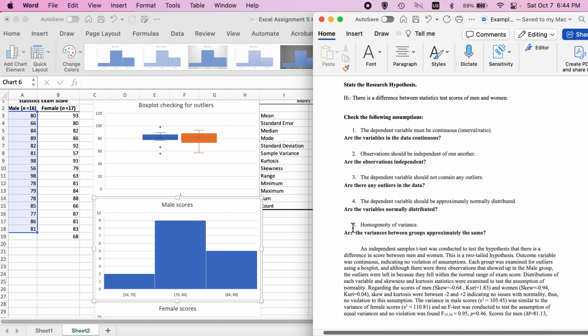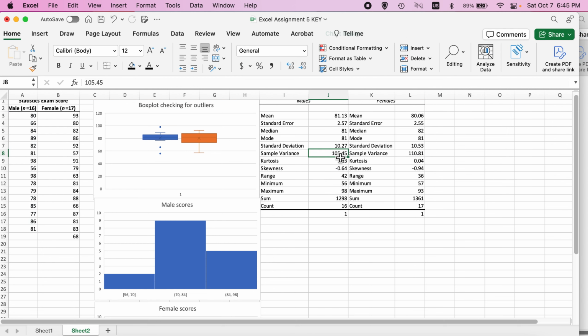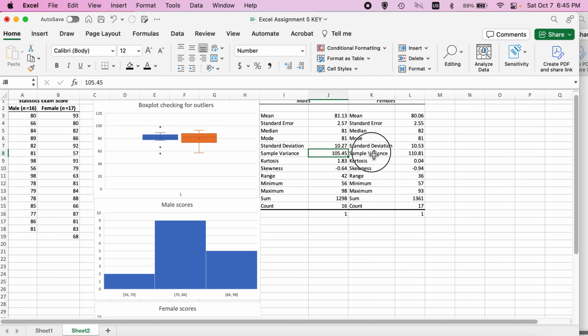Now, as far as the final assumption we have, it is homogeneity of variance. Basically, are the variances between groups approximately the same? So we can first observe that. The variance of this group is 105.45 and the variance of this group is 110.81.